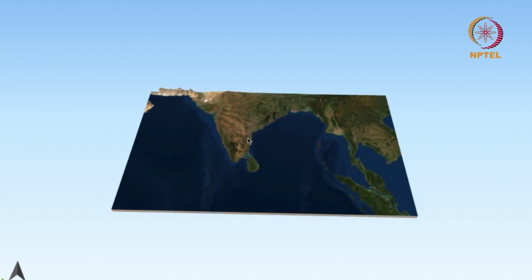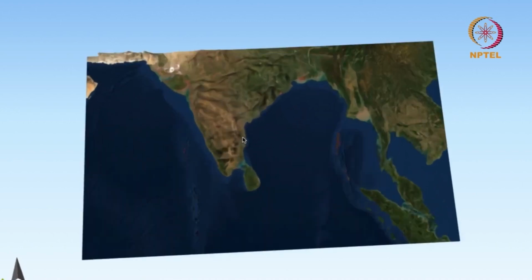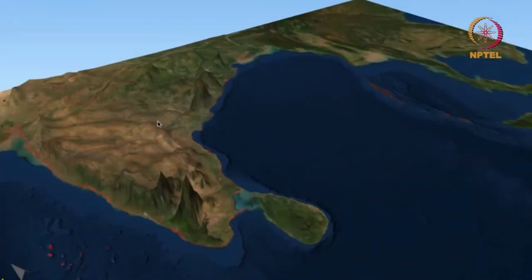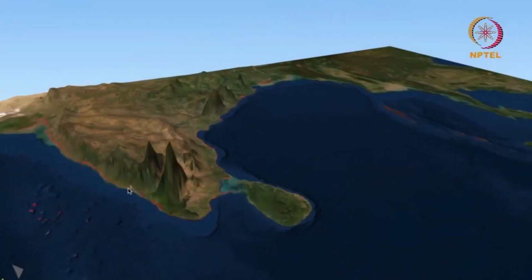You'll observe here that the eastern coastal plains are much wider, in this green color, whereas the western coastal plains are not that wide.